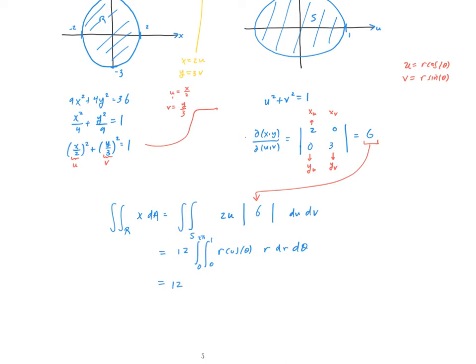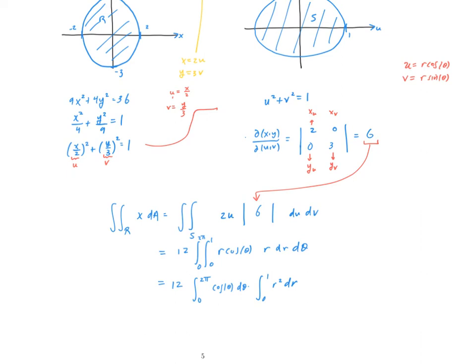So breaking this up into two single integrals, we would have the integral from 0 to 2 pi of cosine theta times the integral from 0 to 1 of r squared. And as a reminder, note, you can only break it up into these two single integrals when it's over a rectangle, and the function which you are integrating separates over multiplication to a function of just theta multiplied by a function of just r.